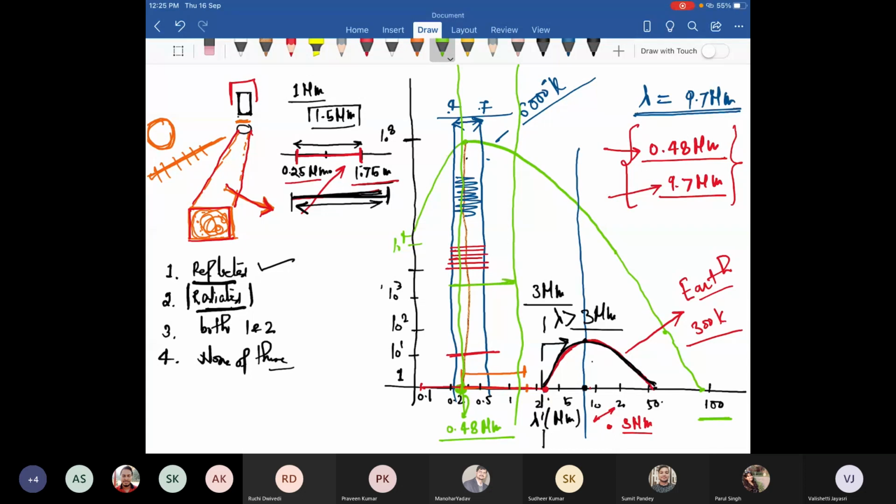So this wavelength range we are considering, and within this range, the reflected energy will be sensed, correct?